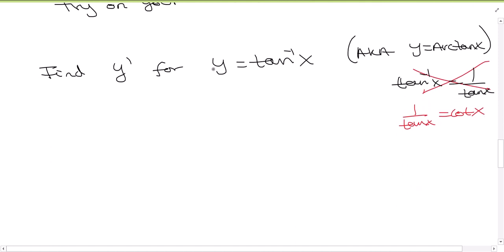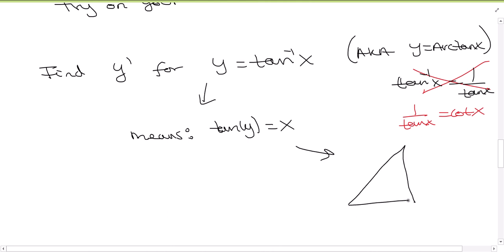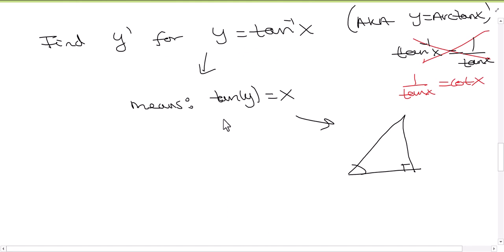So let's try the derivative of tangent inverse of x. So we're going to do the same thing. So what does this mean? y equals inverse tangent of x means that tangent of y equals x. And so from here you could draw your triangle right away to see what that's going to look like, but we'll come back to that. Let's implicitly find y prime.